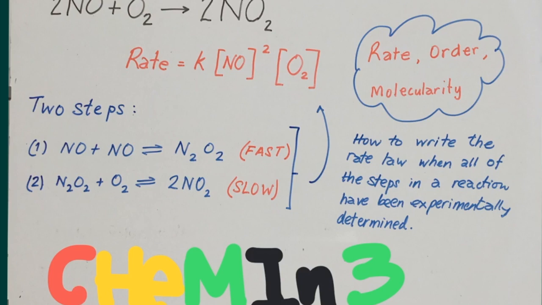So you might be led to believe that from the equation you can derive the rate expression or the rate law. And of course, the rate expression can only be established from experimental evidence.